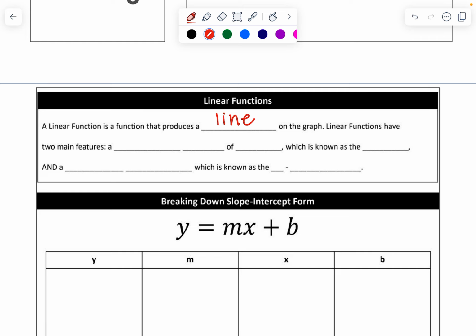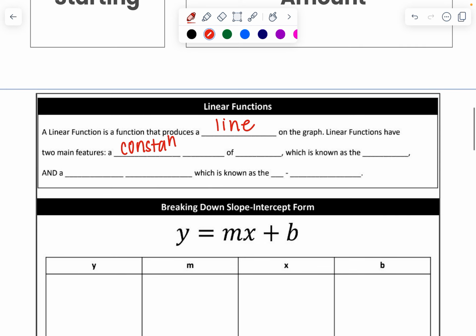A constant rate of change, which in the math world is actually known as the slope. So that's one part of a linear function.